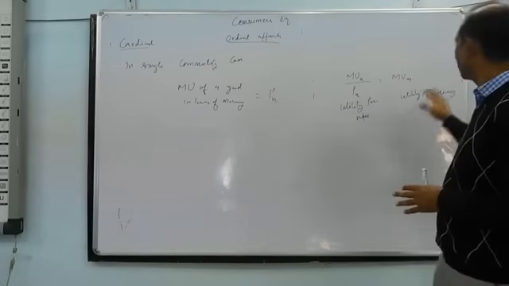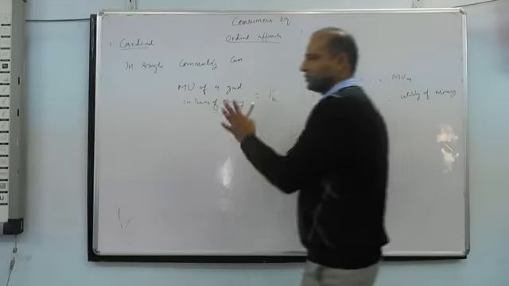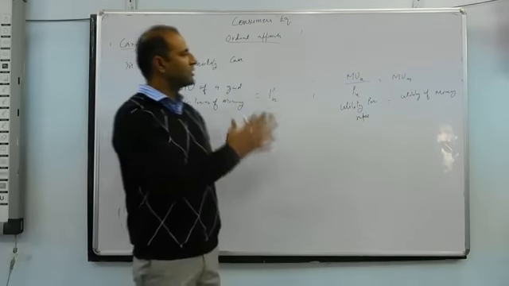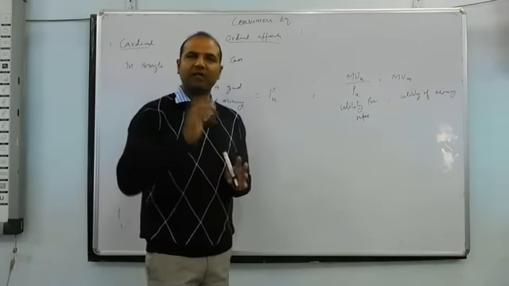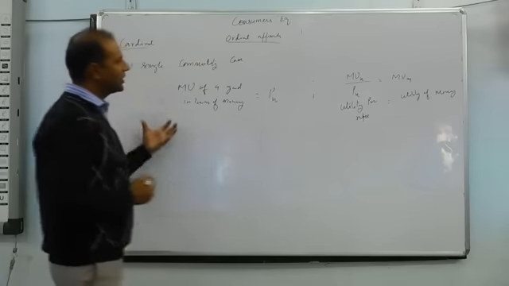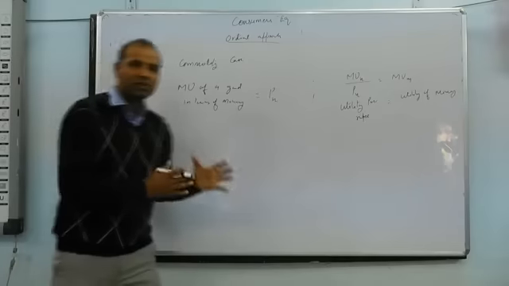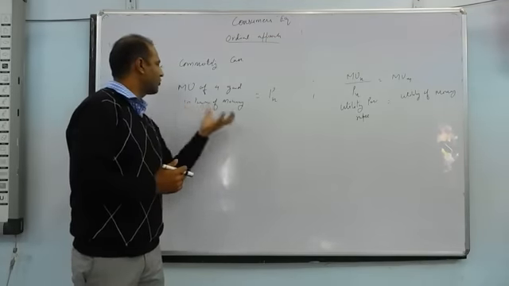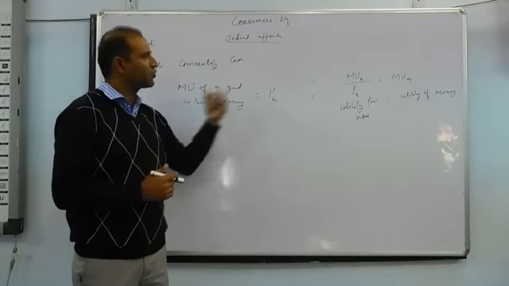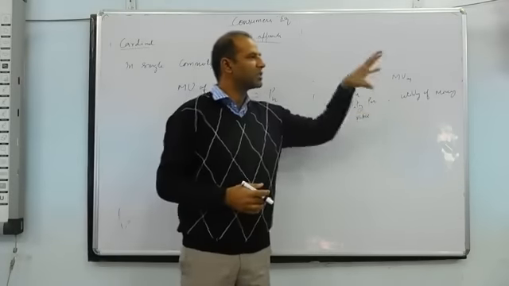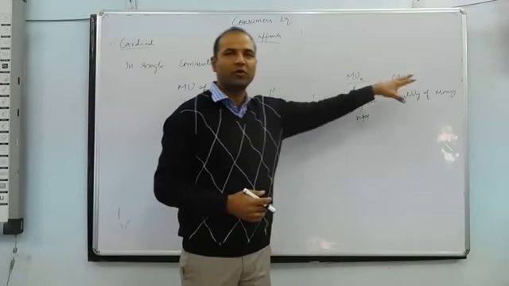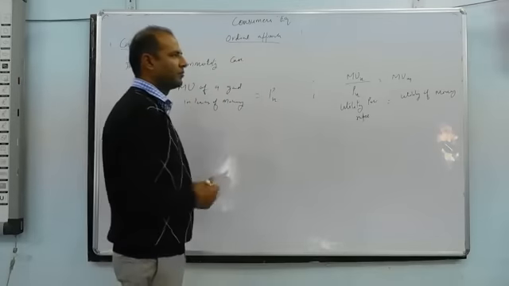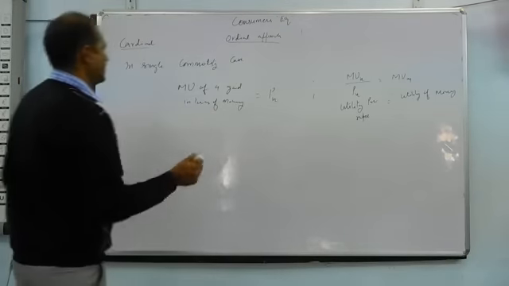That is the utility of money. So we have two ways to explain consumer's equilibrium in the single commodity case. One is to establish the equality between marginal utility of a good in terms of money and price, or we can establish the equality between MUx upon Px and MUm. Both are the same, but with a bit of difference.